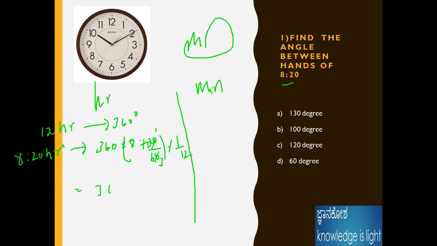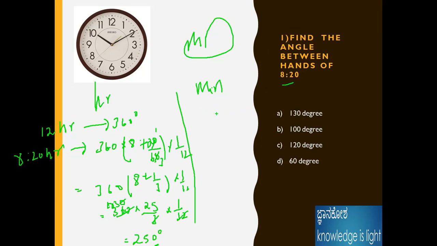Then 360 into (8 plus 1 by 3) into 1 by 12. Now 360 into 8 is 24, that means 25 by 3 divided by 1 by 12. 12 3s are 36, 3 1s are 3, 10. Now here it is coming: our hour hand is at 250 degrees.